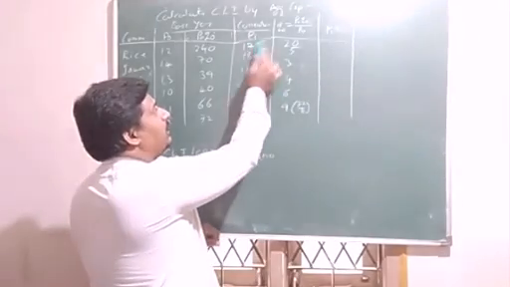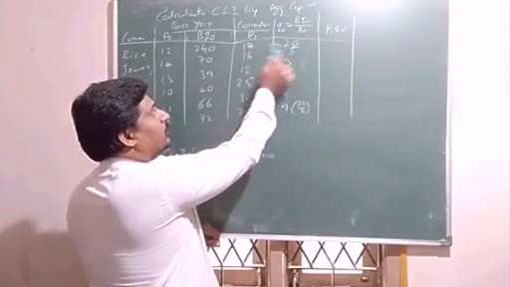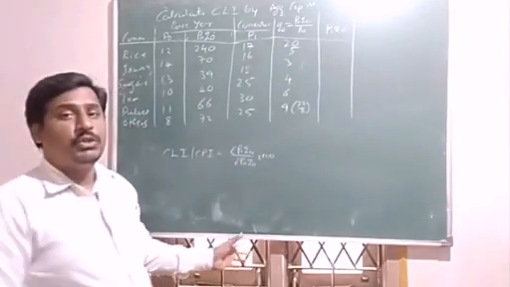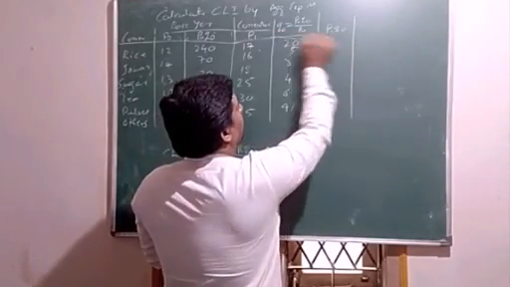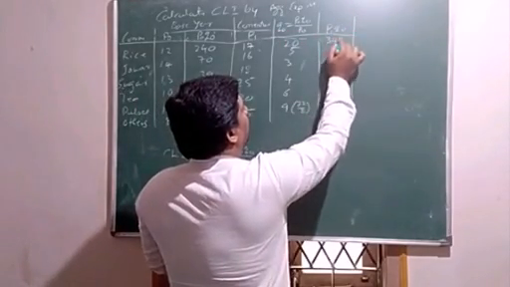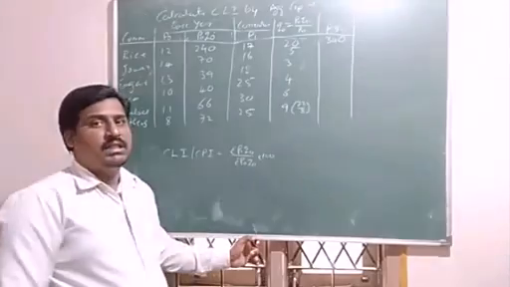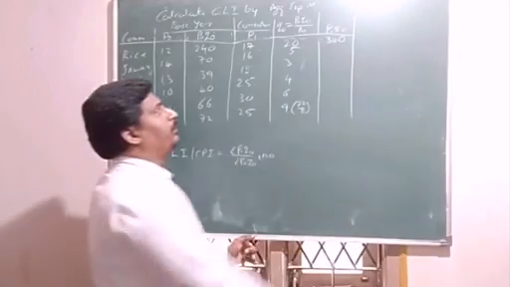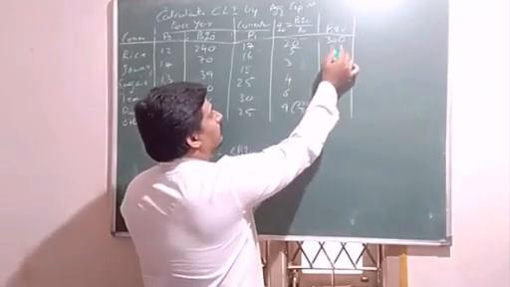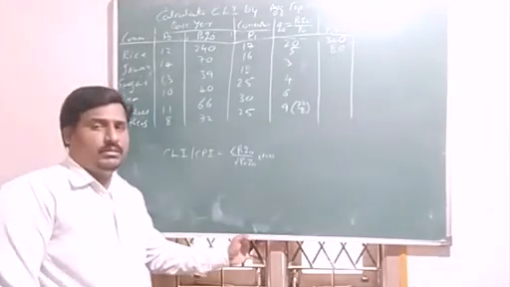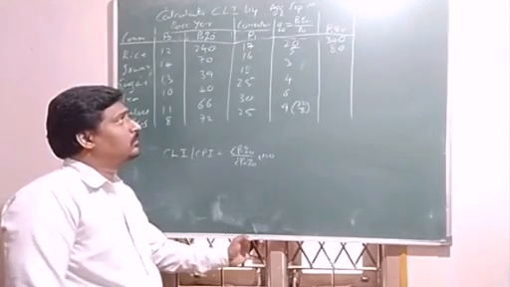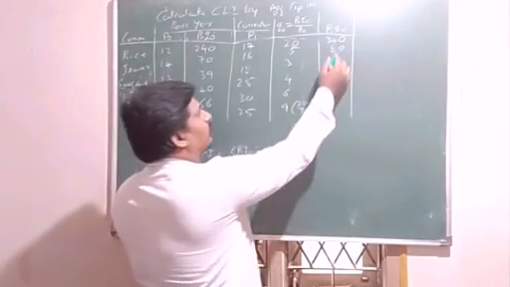Now P1 into Q naught. 17 into 20, 340. 16 into 5, 80. Next 18 into 3, 54.